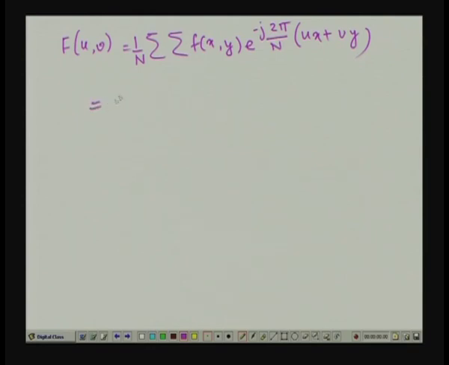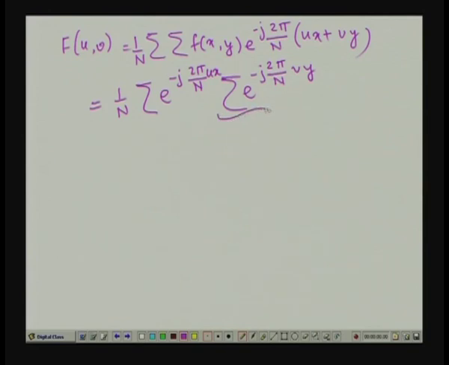Now, for simplicity, let me break it into 2 summations. So, I will write it as 1 upon capital N into e to the power minus j 2 pi by capital N ux, summation f(x,y). Now, f(x,y) is equal to 1, so I can simply forget this term f(x,y). So, this will be simply e to the power minus j 2 pi by N ux times e to the power minus j 2 pi by N vy.